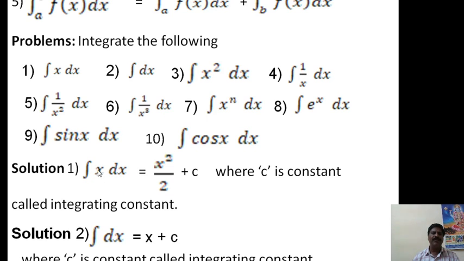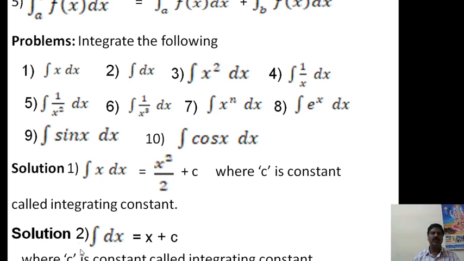Here one formula applies: the integration of x to the power of n is equal to x to the power of n plus 1 divided by n plus 1, plus c, where for indefinite integration you have to add c. For the integration of x to the power of 1 dx, we get x to the power of 1 plus 1 divided by 1 plus 1, that is x square divided by 2 plus c, where c is the constant called the integrating constant. Therefore, the integration of x dx is x square divided by 2 plus c.